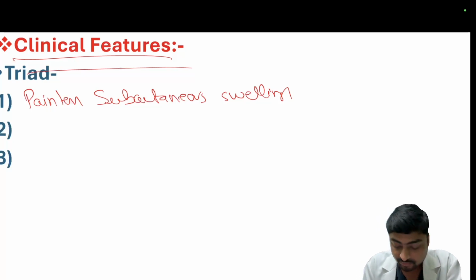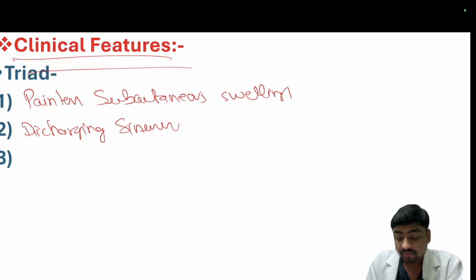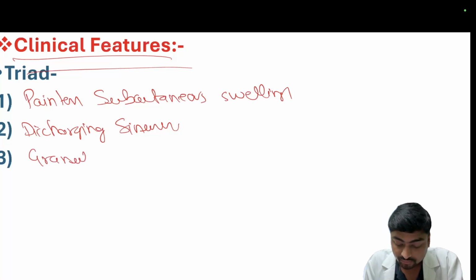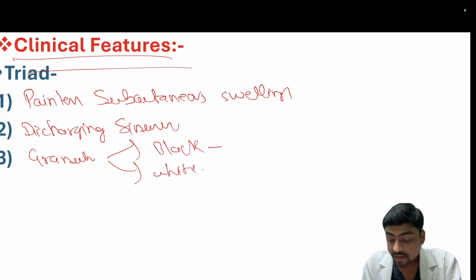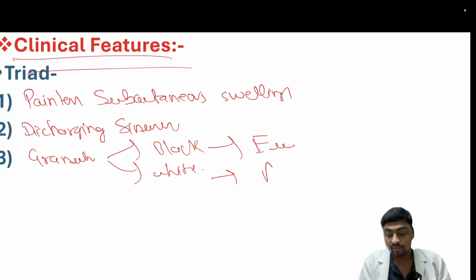Second one is discharging sinuses. And the third is that the discharging sinuses will contain granules. These granules can be either black or white. Mainly the black granules are observed in case of Eumycetoma and white granules are observed in case of Actinomycetoma.